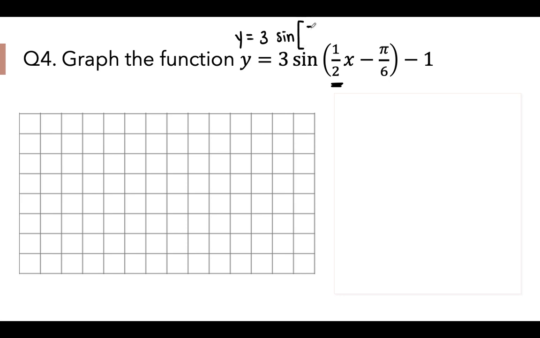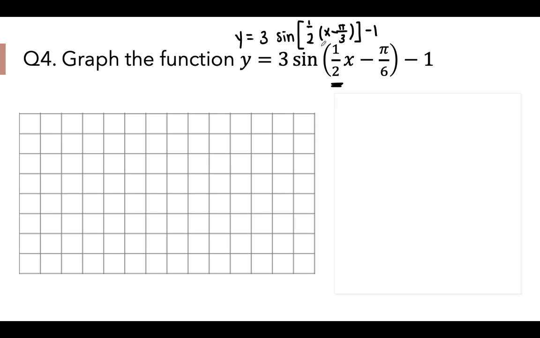So 1 over 2, and then bracket x, and then you're going to do pi over 6 divided by 1 over 2. So when you do that, you get negative pi over 3, which is 1 over 3, bracket, and minus 1. So now the b value, or the k, is completely factored.